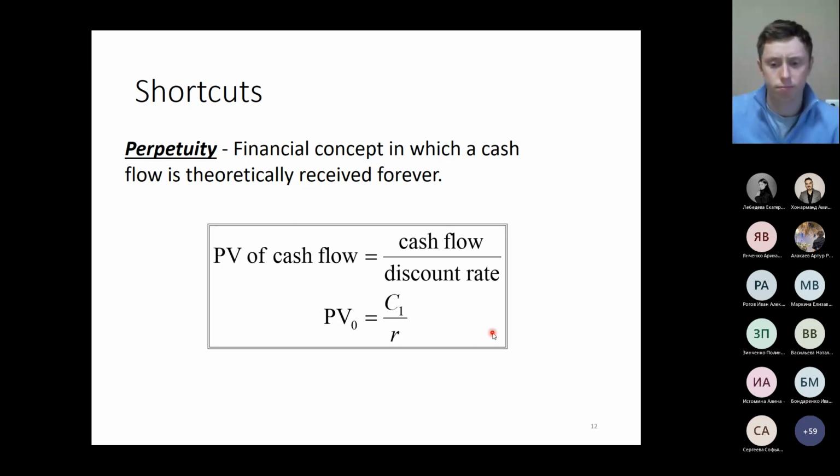I believe after 200 or 300 years, in the 20th century, they were terminated, but there were such cases. And also, why is this concept of perpetuity important? Maybe some of you remember from the first lecture, we discussed that we have an assumption of eternity when we talk about firms.